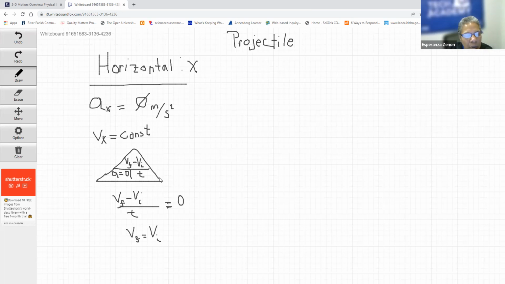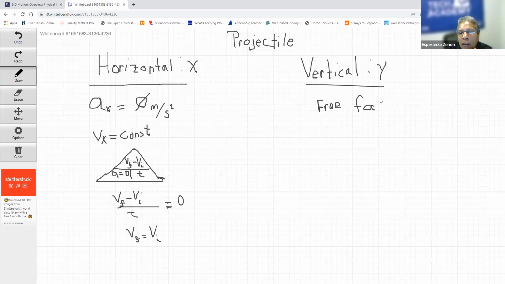We could also look at the vertical. So for the vertical motion, we're using what? Y. Okay. And so we know that this is in free fall. And so that tells us automatically what we need to be focusing on for free fall.